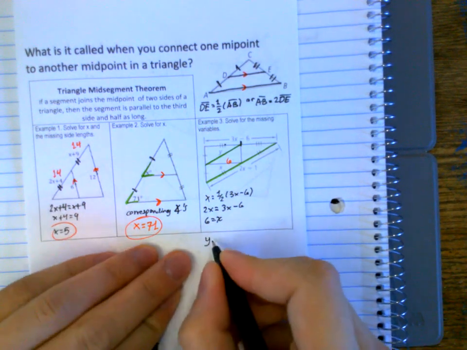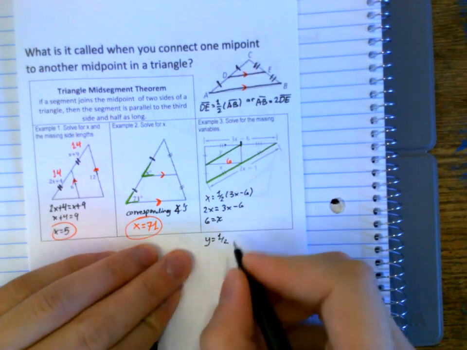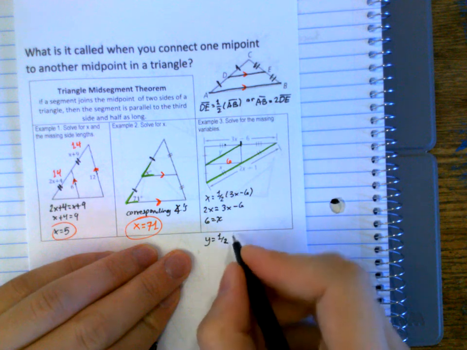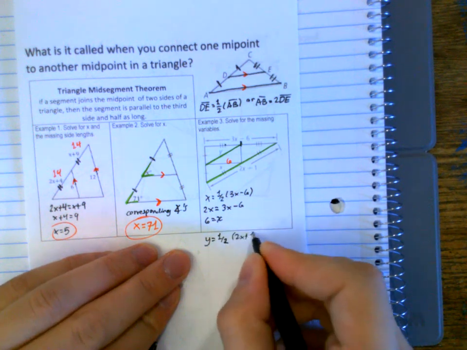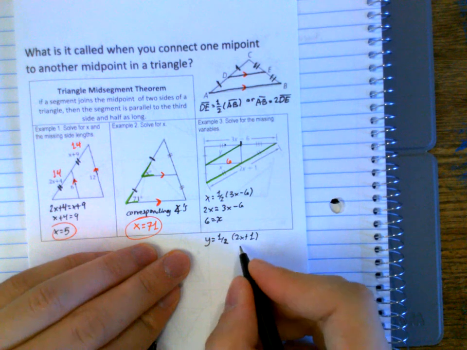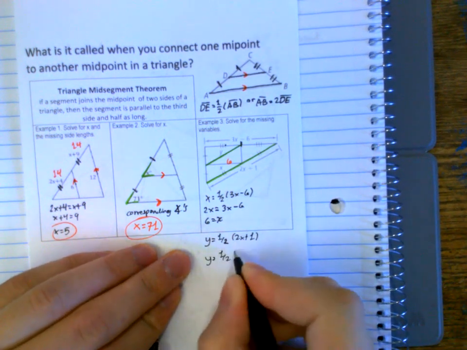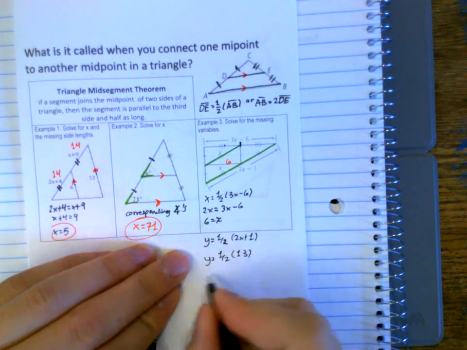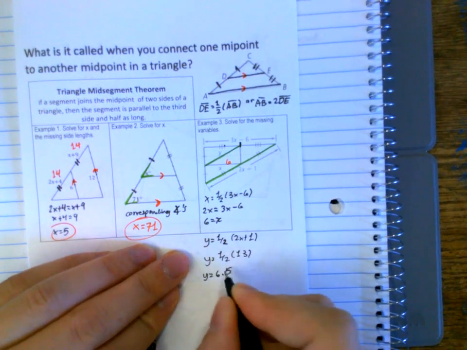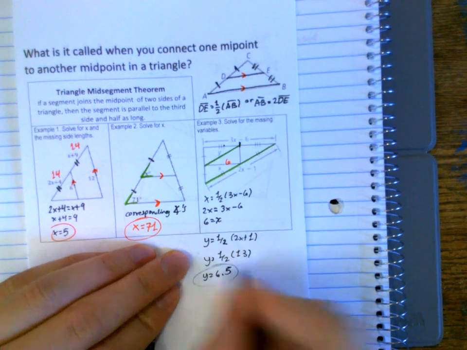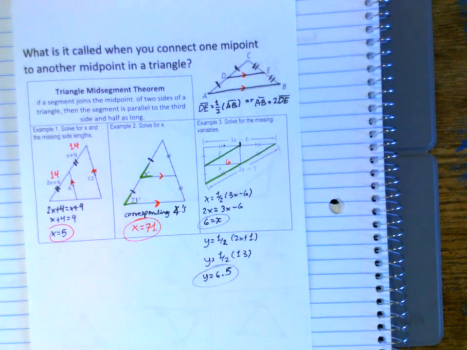Okay? So from there, we can figure out what y is with the same plan. We have y equals 1/2 of 2x plus 1. And we know x is 6, so we plug it in. We get y equals 1/2 of 13. Half of 13 is 6.5. Yay.